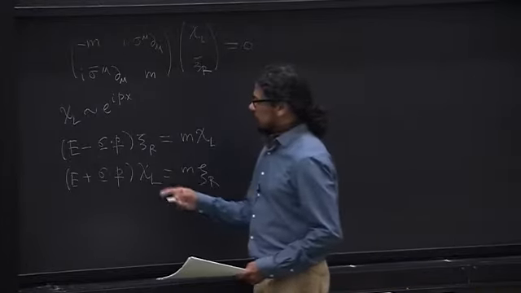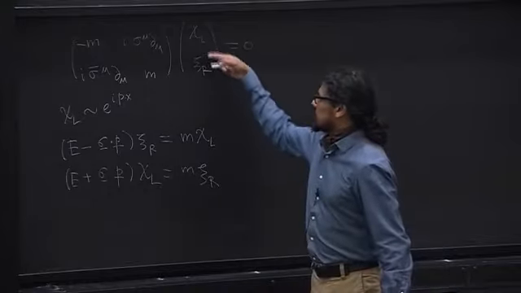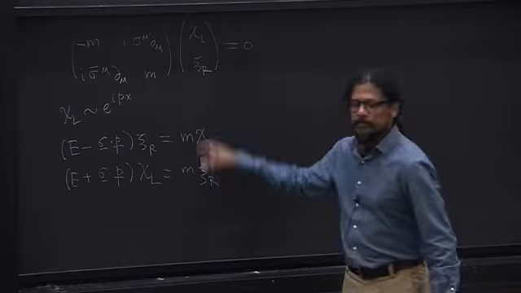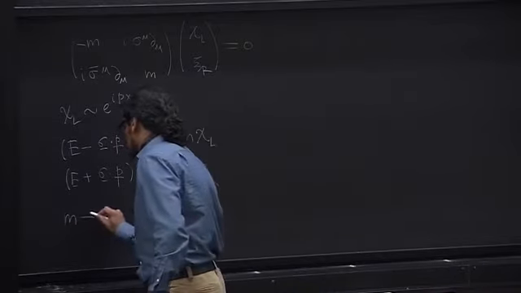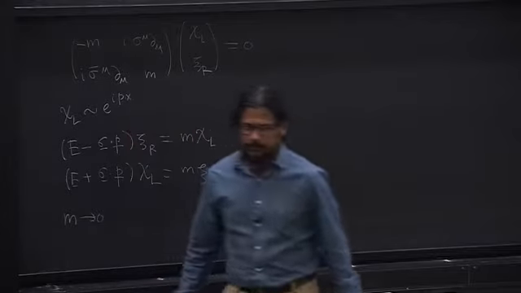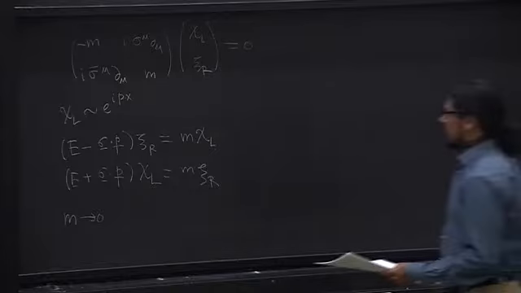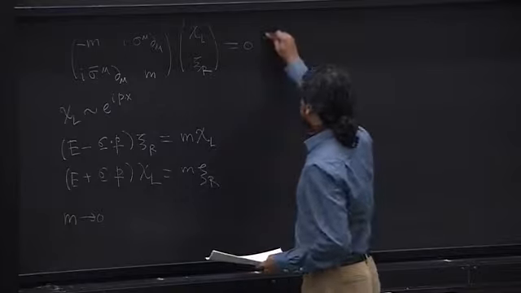An interesting thing to notice is that the Dirac equation couples the left-handed Weyl spinor to the right-handed Weyl spinor through the mass term. Now suppose you were taking the massless limit. If you take the massless limit, then these two become decoupled.